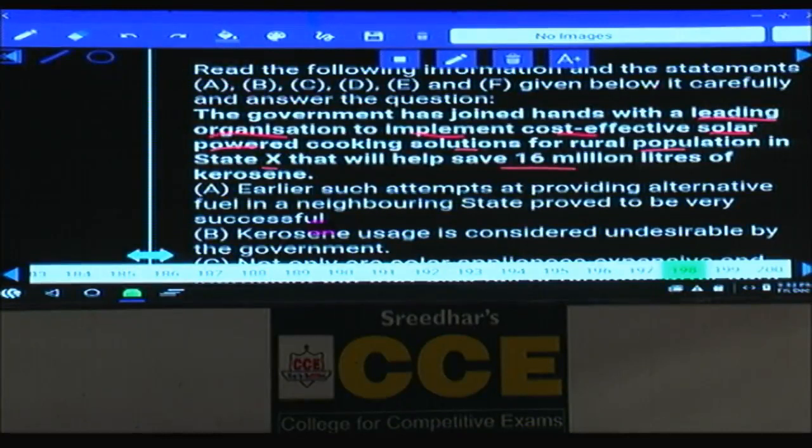What is the main objective of the government here? This government wants to save 16 million liters of kerosene. Hence, in order to save it, they have joined hands with a leading organization to implement cost-effective solar-powered cooking solutions.